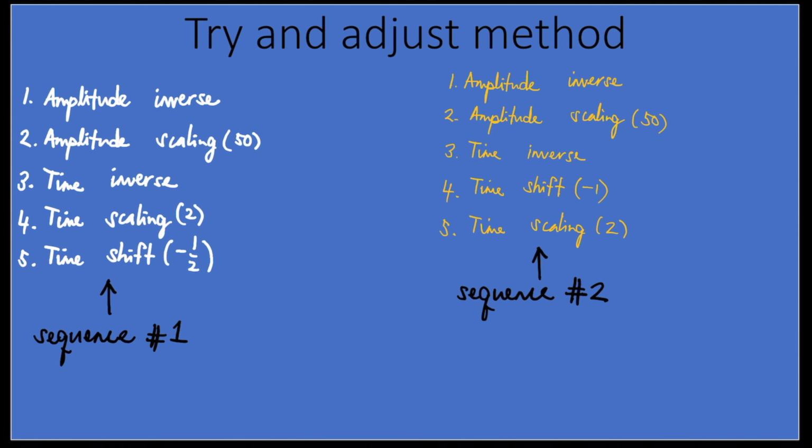So we have found two sequences based on what we call the try and adjust method.